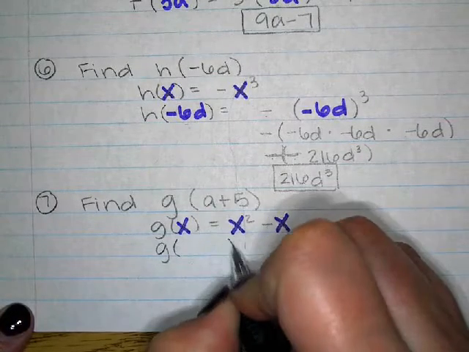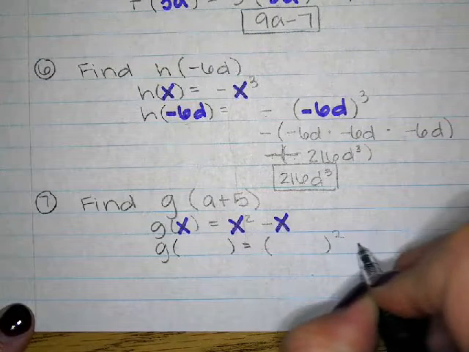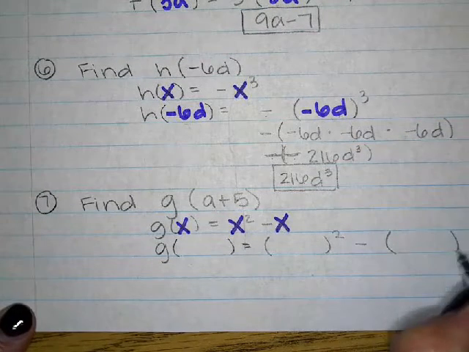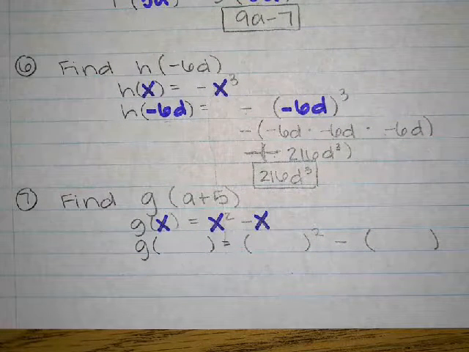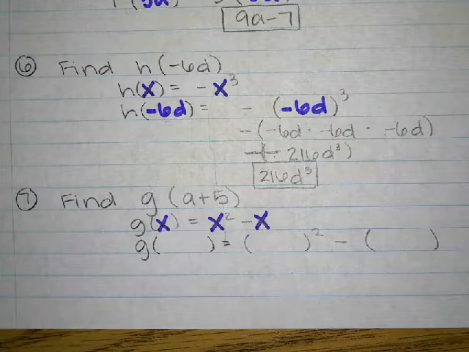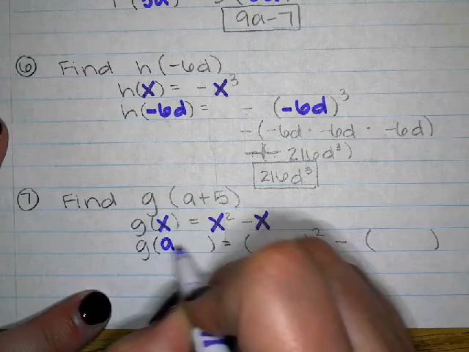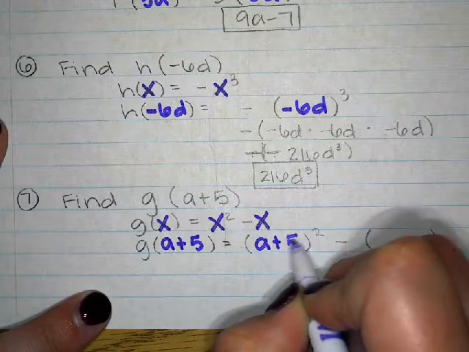Going to leave a space where each x is to plug something in. And then what am I plugging in? A plus 5. So I'm going to do a plus 5, a plus 5, a plus 5.